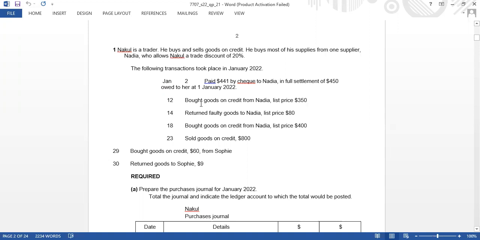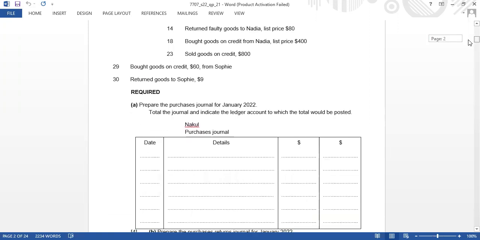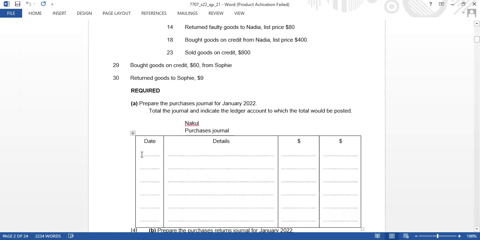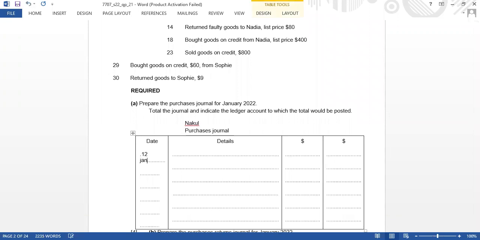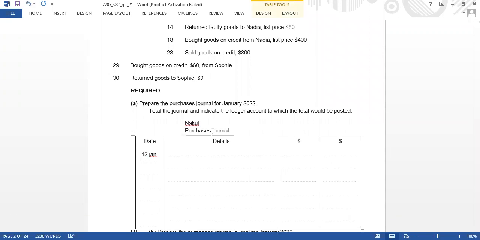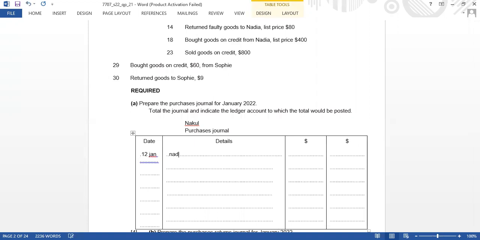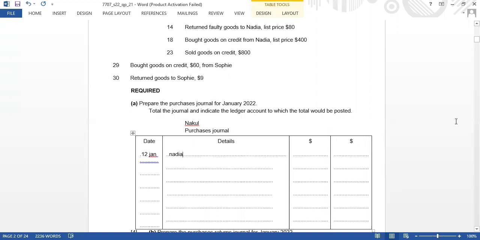On 12 January, bought goods on credit from Nadia. Bought goods means purchases. Bought goods on 18 January, that also means purchases. We'll write 12 Jan, Nadia.